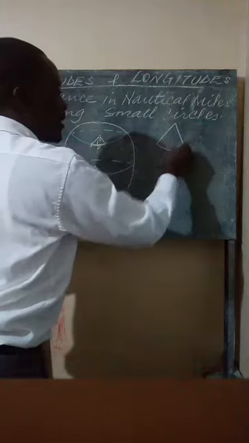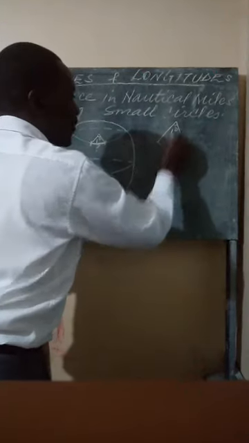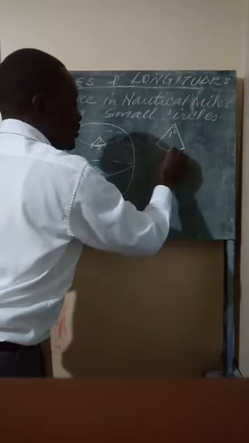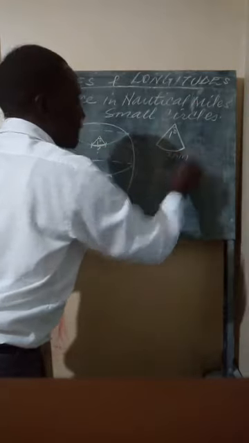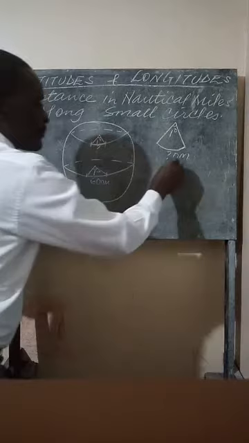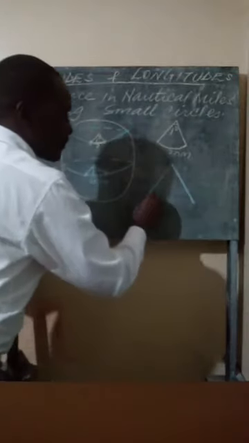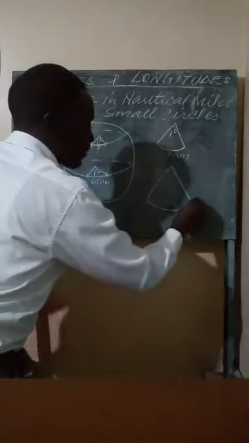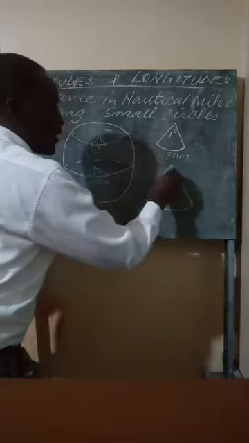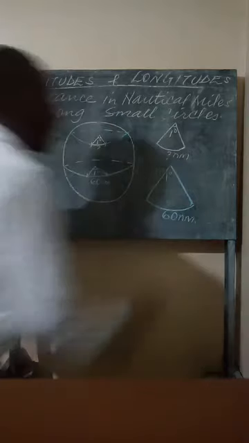So we want to think about 1 degree. How many nautical miles will be here compared to this other sector here, along the great circle, where we have said 1 degree at the center will be subtended by 60 nautical miles.